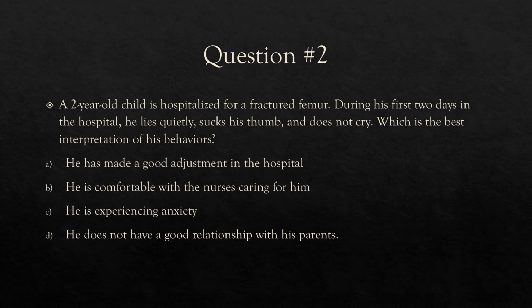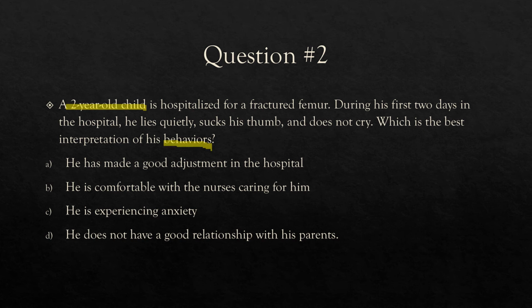Okay, so when we look at this question, we would look and see what some of the keywords are. The 2-year-old child gives me an idea of what stage and age group this child is in. And then it's asking what his behaviors mean. When we look at his behaviors, it says he lies quietly, sucks his thumb, and does not cry.